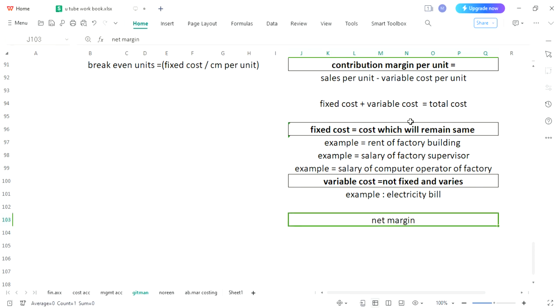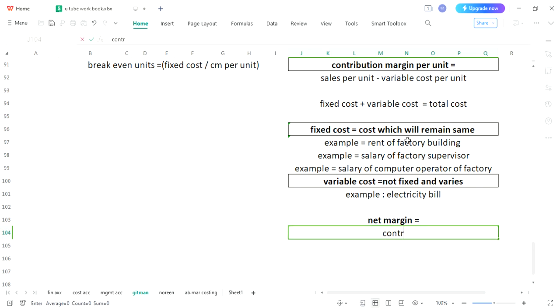To calculate your net margin, you will take your contribution margin, and then subtract your fixed cost, with which you will get net margin.